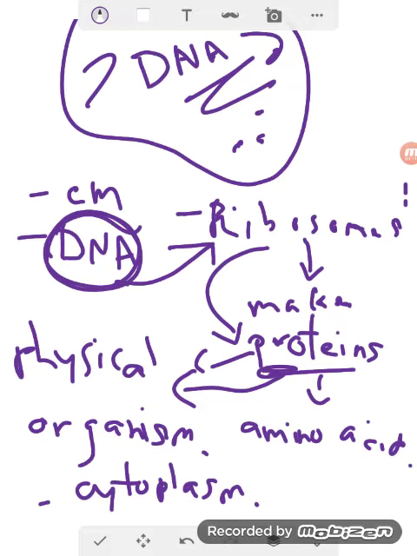The purpose of the packing peanuts inside some type of box is to keep your contents safe so nothing gets damaged while in transit. Well, cells are going to be the exact same way. If your cell is a living organism and it has to interact with your environment, then you need something to cushion all of the really important stuff inside. That's what the cytoplasm does. So it helps cushion those ribosomes. It helps cushion that DNA.